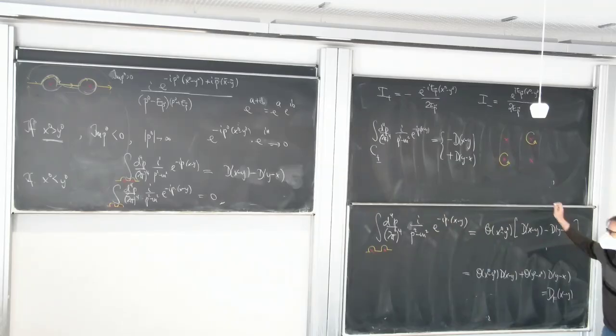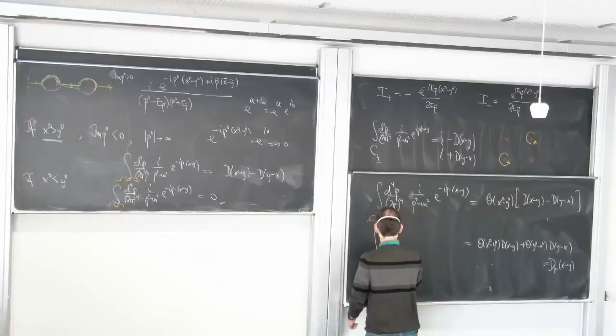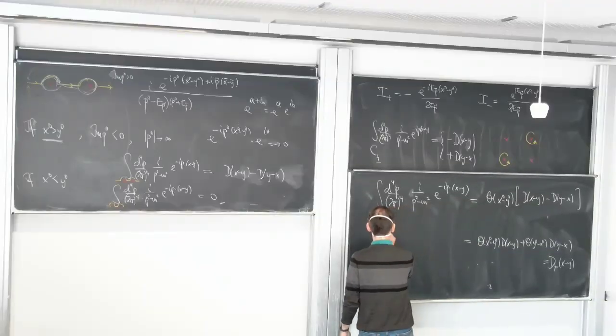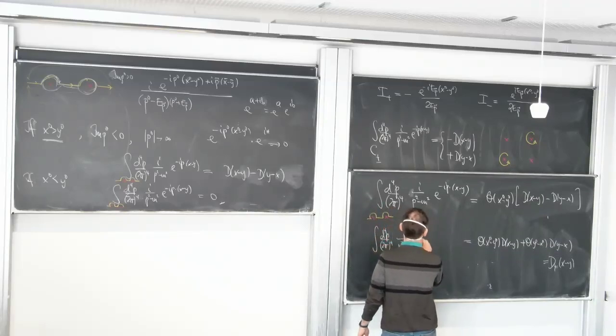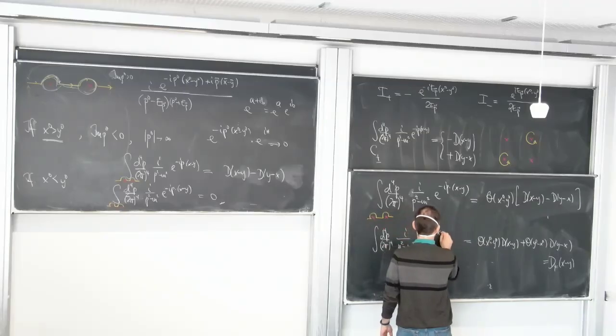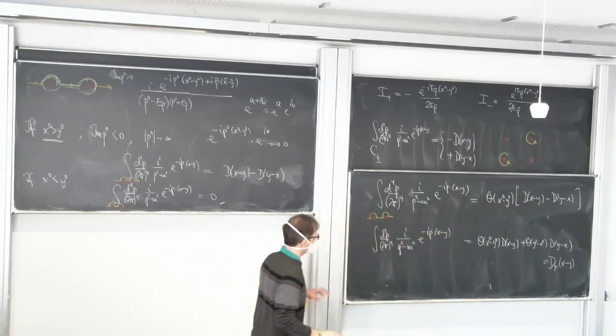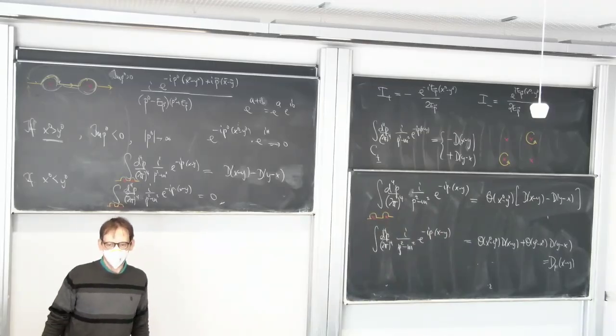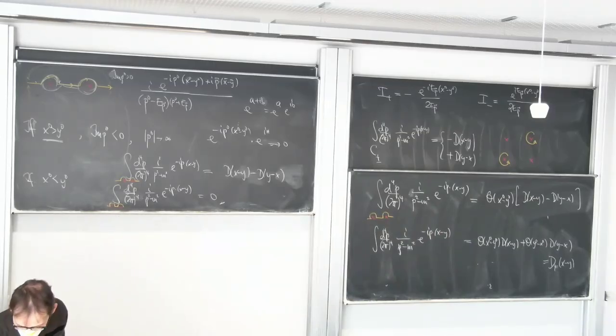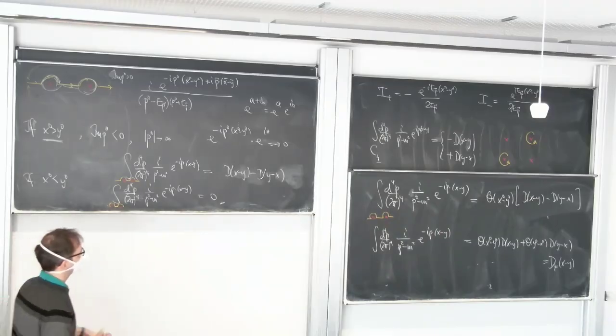How do I have to go around these poles to get precisely this? Can you or can you not? So we want to think.